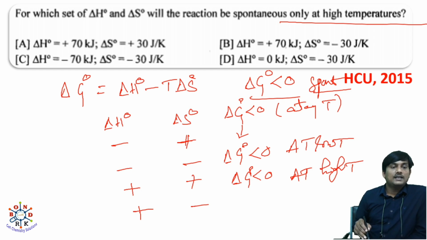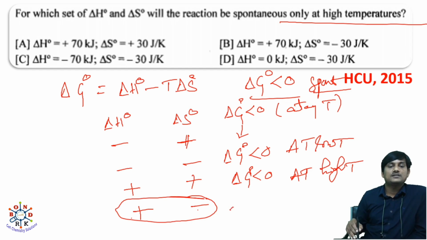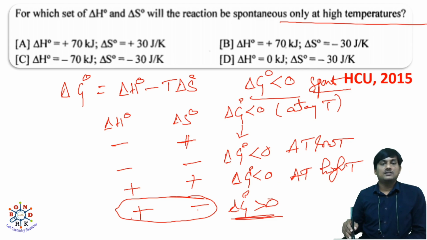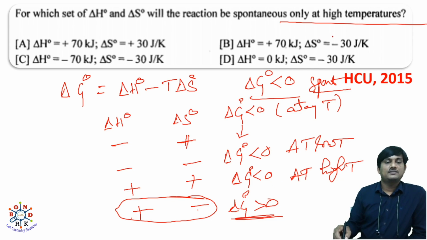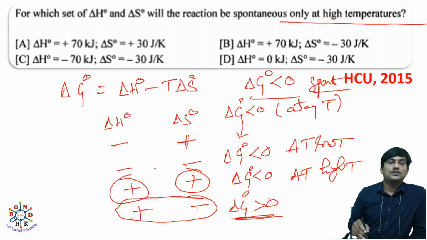For delta H naught positive and delta S naught negative, at any temperature delta G naught is not less than 0, so it is not spontaneous at any temperature. So what is the correct option? Only at high temperature spontaneous. When it is possible only at high temperature, entropy should be positive and delta H naught should be positive. So here in which case both are positive, this is the correct one.